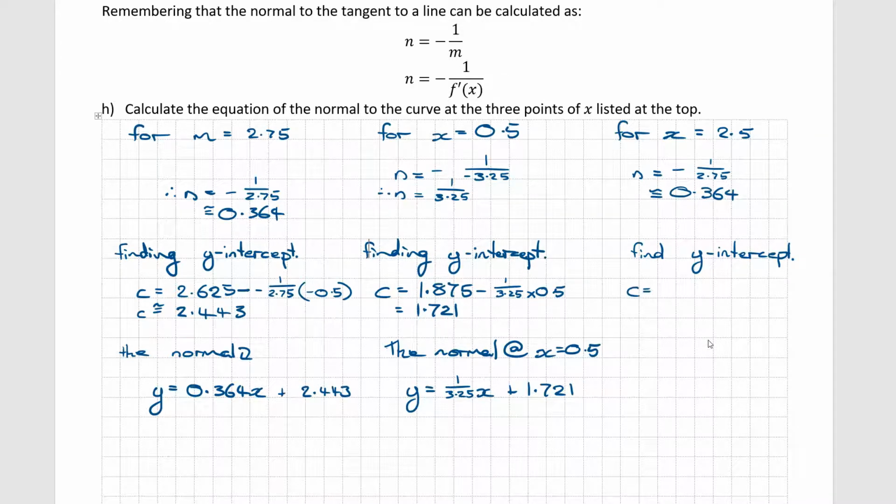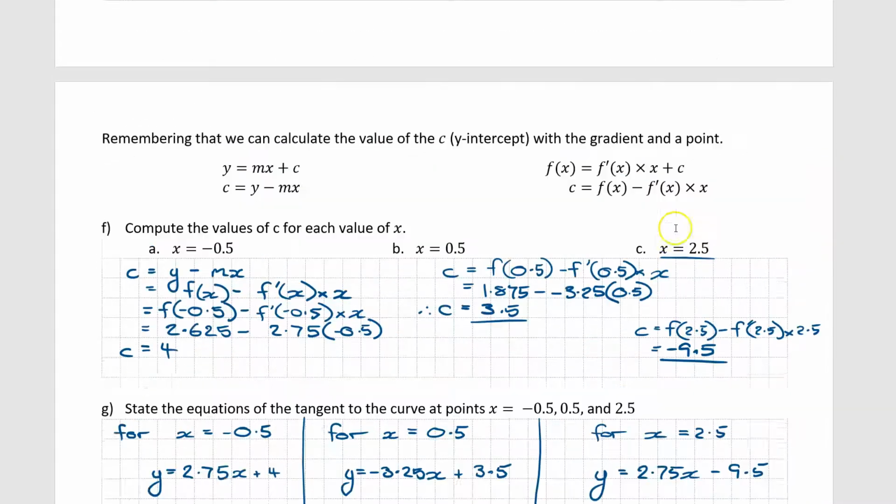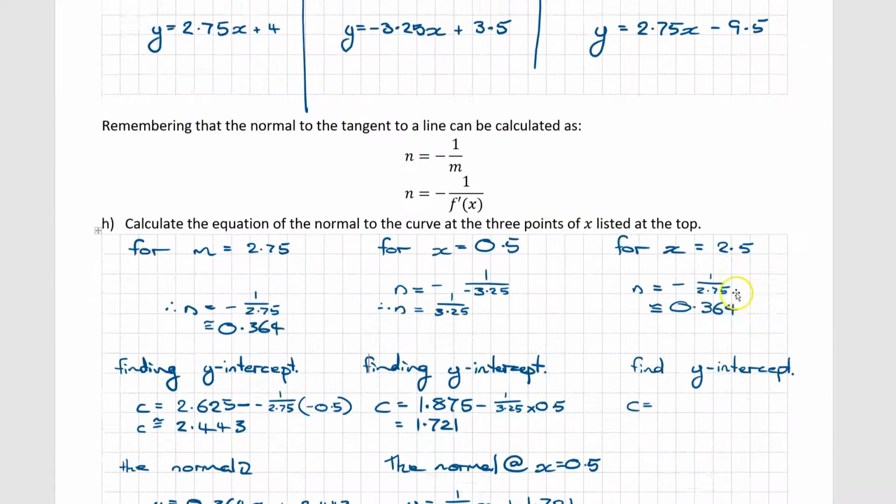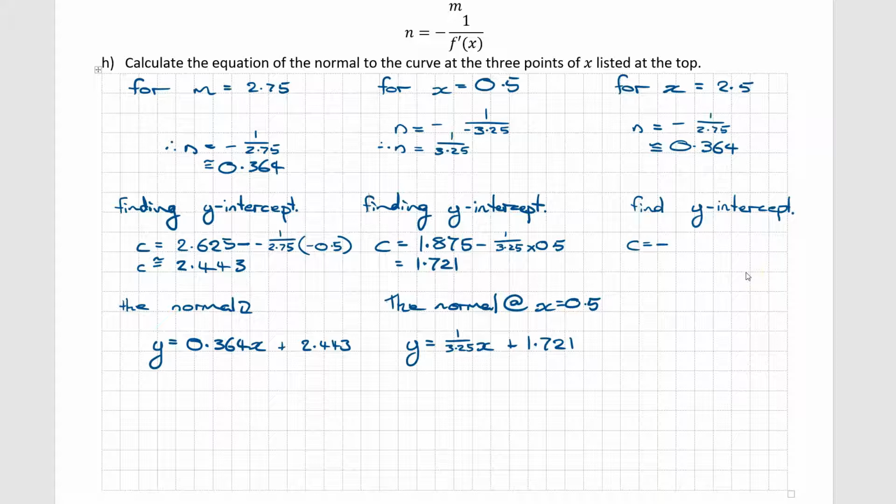Now finding the y-intercept, we're going to find that the value of y for f of x at 2.5 is negative 2.625. And then it's going to be take 1 over 2.75. That should be a negative, so should this one. So take minus times 2.5. I'm putting that in our calculators.